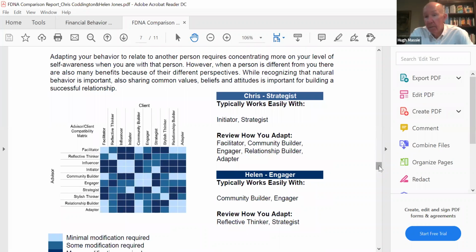And then again, the compatibility. So at one level, Chris could be a great advisor for Helen because of his more goal-driven approach, more structure, take charge, getting her the solutions that she needs.